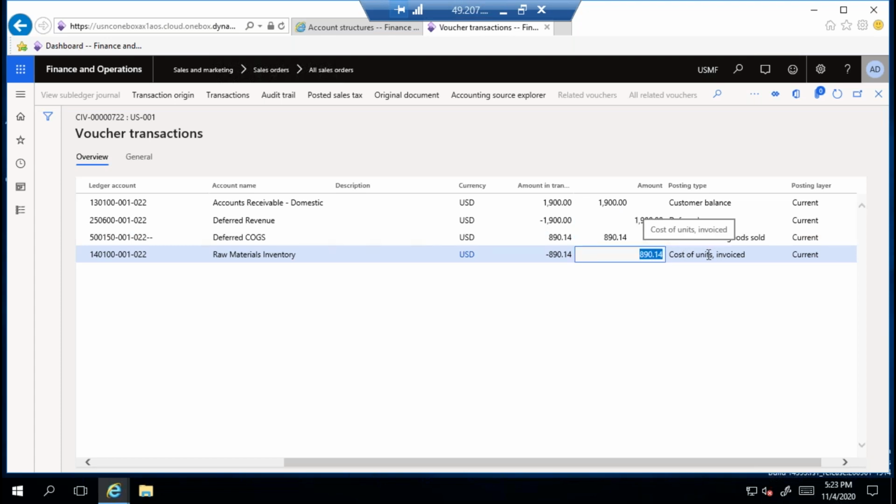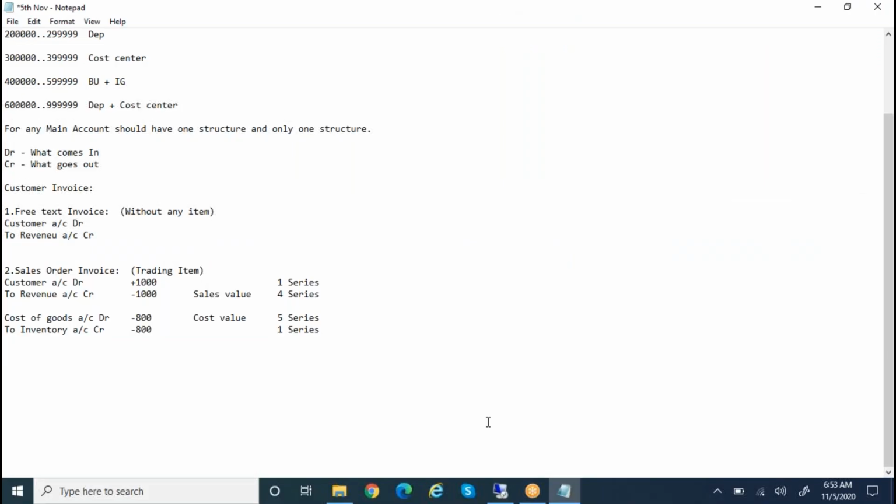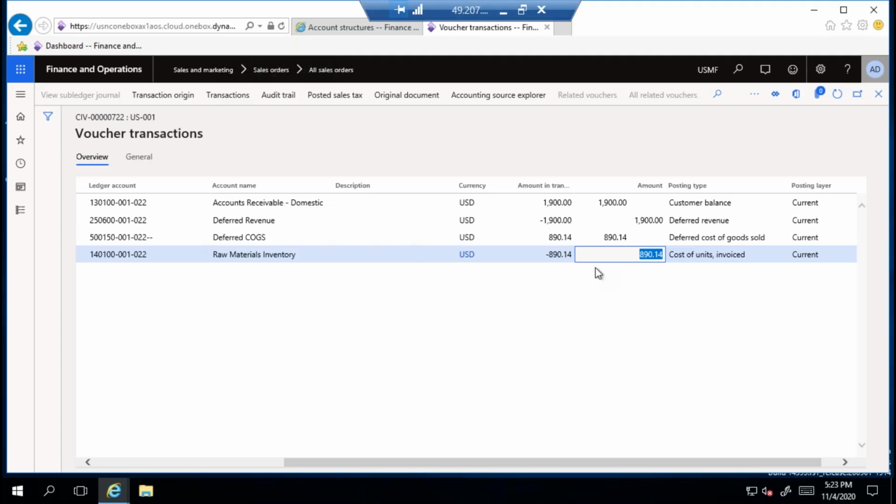Cost of units means inventory account credit. So here it is showing 1900. Customer account debit to revenue account credit, and then cost of goods account debit to inventory issue. Inventory means here cost of units.